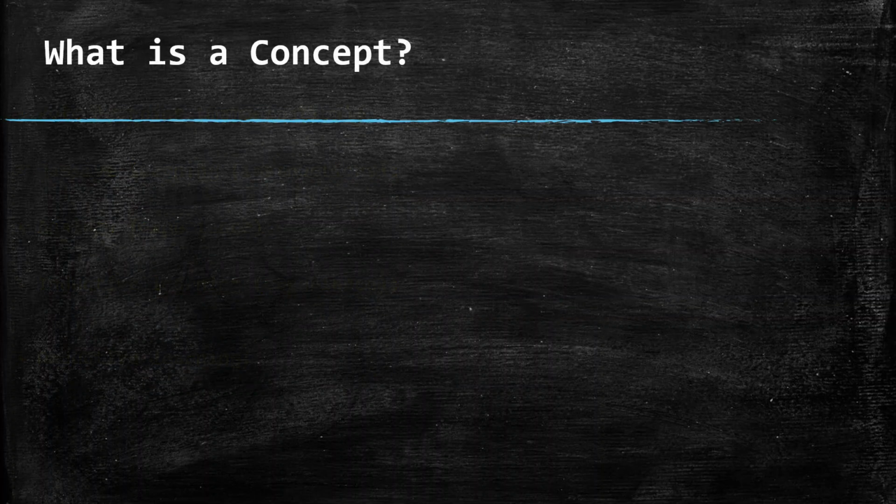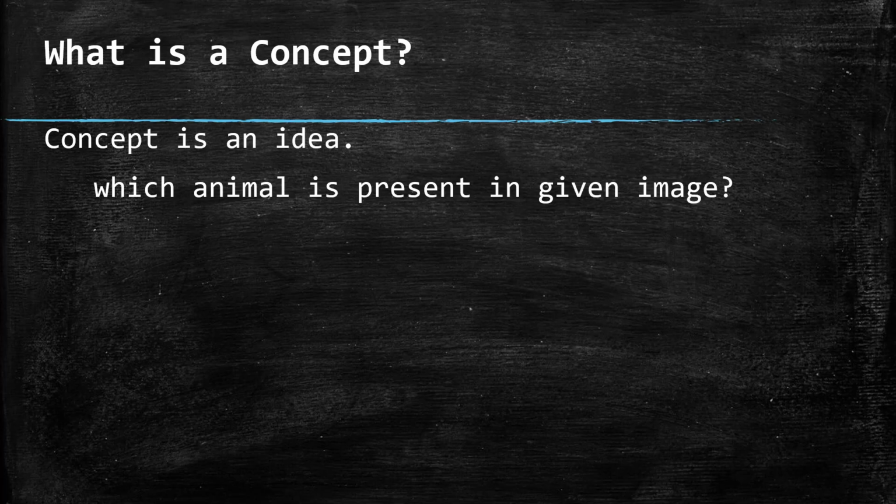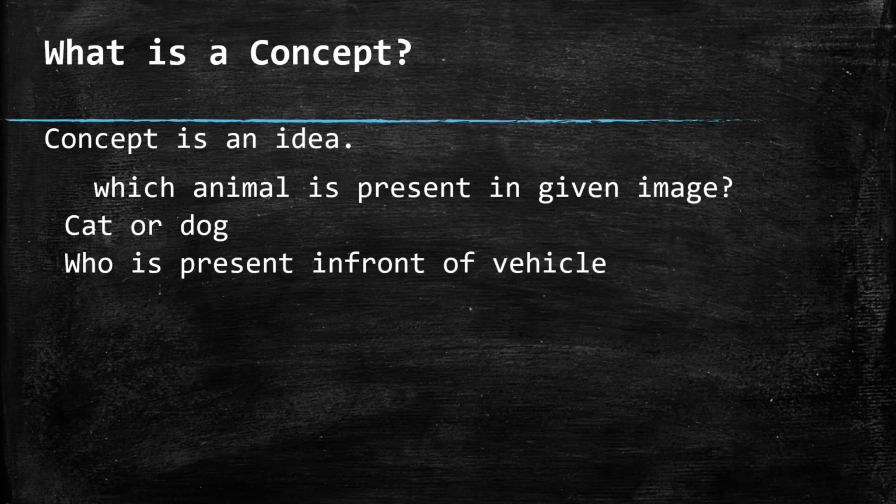Now, what is a concept? Concept is an abstract idea. For example, which animal is present in a given image? Is it a cat or is it a dog? Is it a tiger or is it a lion? There is a concept. How do we arrive at whether it is a cat or dog, or who is present?